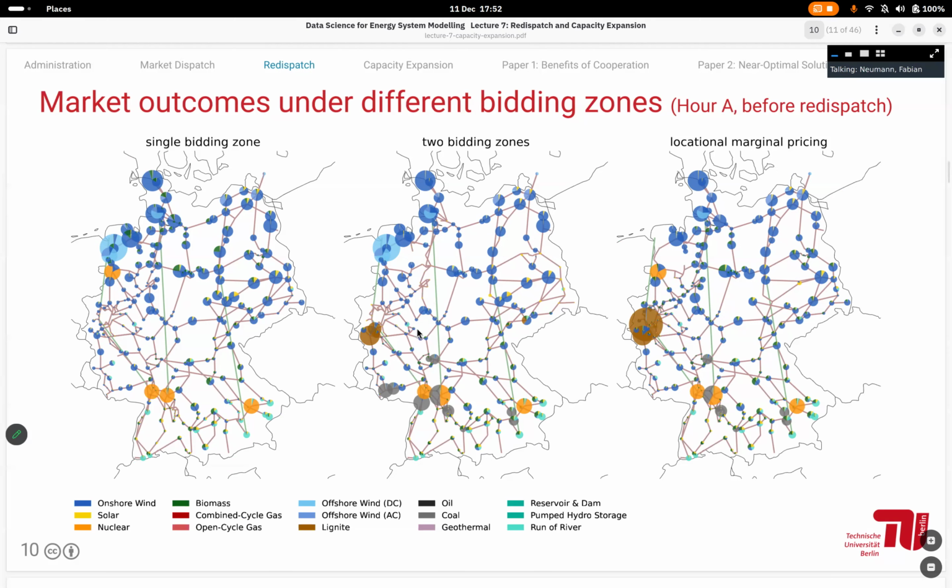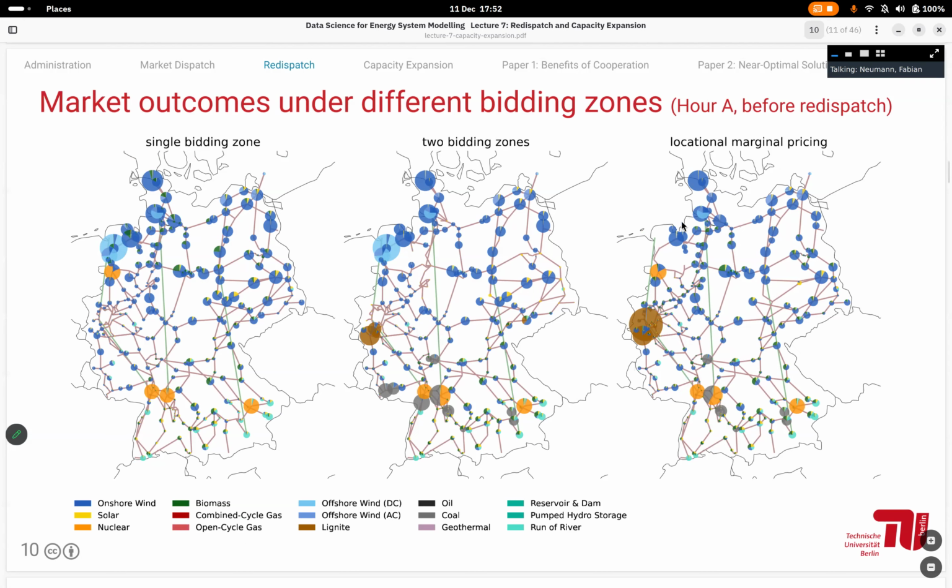In the middle case, I split Germany in half. Very naively, I think at the 51-degree, so the horizontal line somewhere in Germany. Doesn't really matter where it is. In the real world, you would look at where the transmission bottlenecks are and then cut the network along these lines.